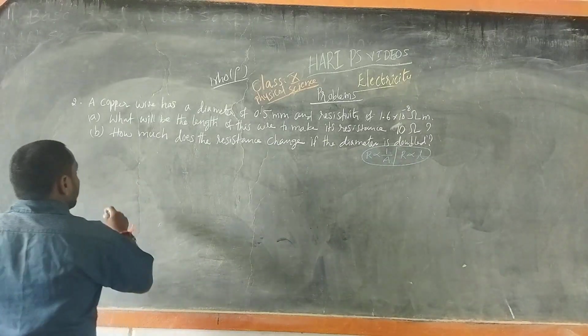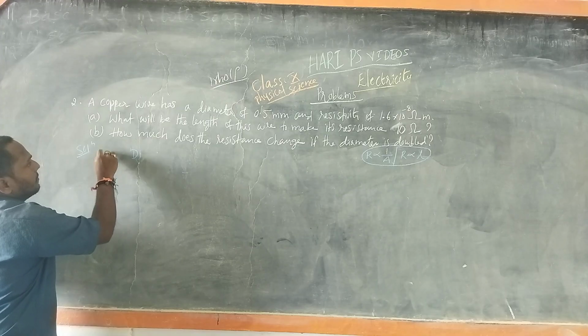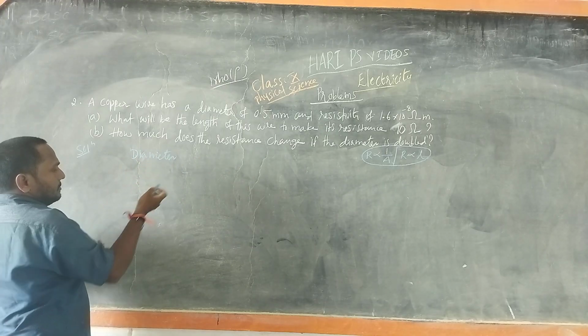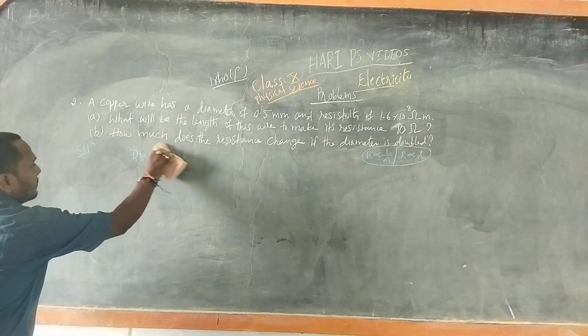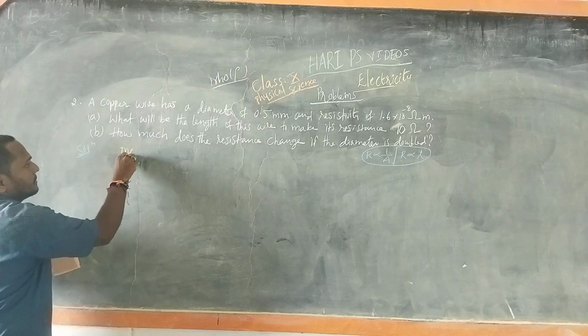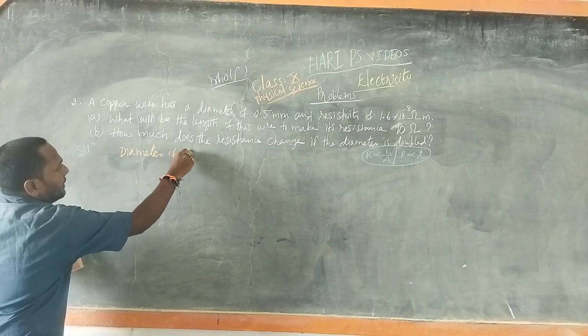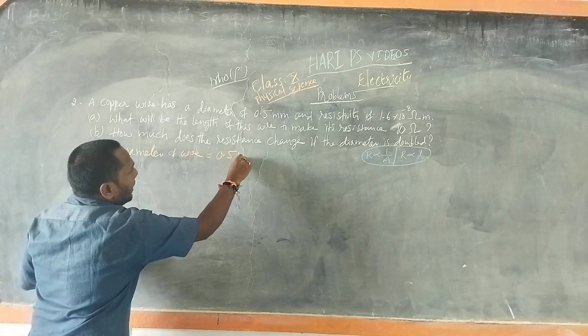Solution. First of all write the given: diameter of wire is equal to 0.5 mm.